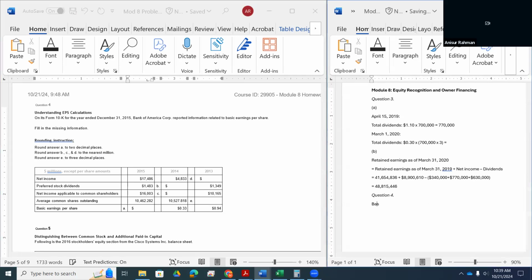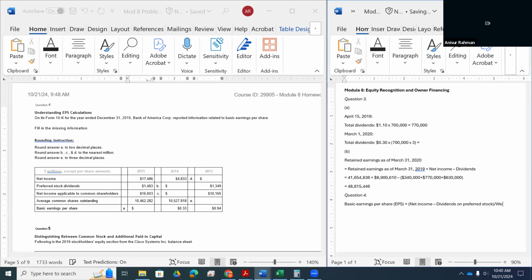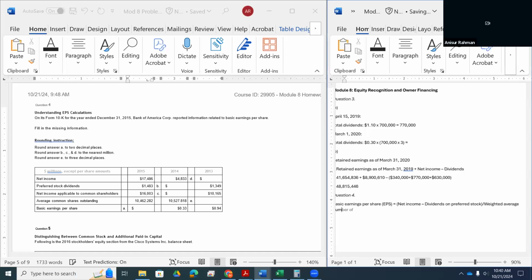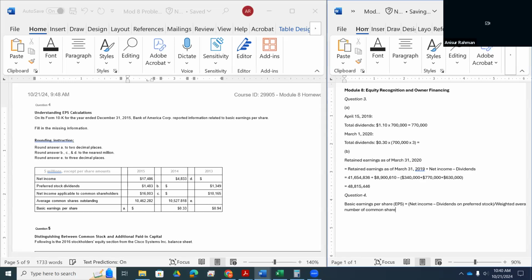Basic earnings per share, in short it is called EPS, is equal to your net income minus dividends on preferred stock, divided by the weighted average number of common shares outstanding during the year.